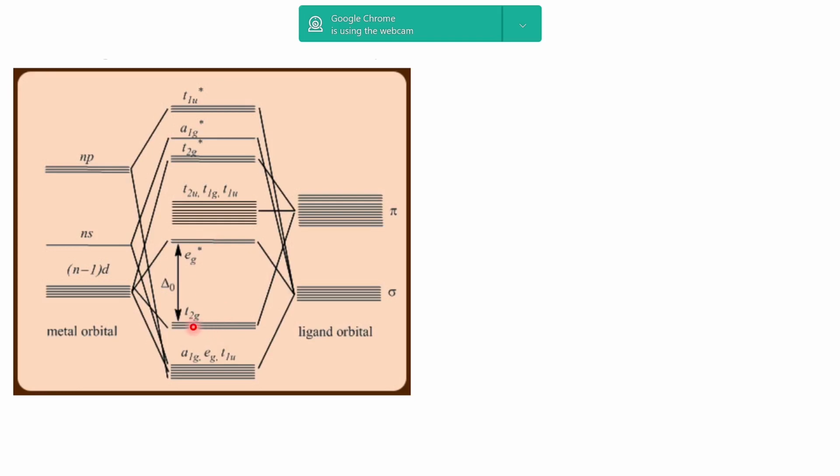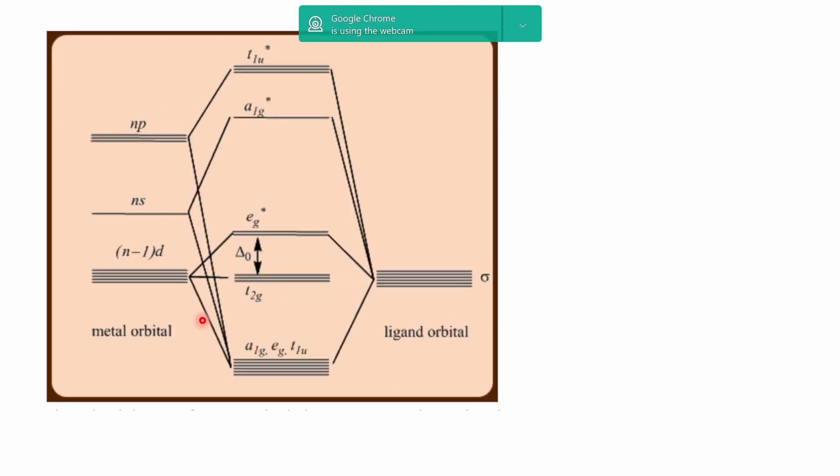But still here also, it is weakly, this is also non-bonding. Whenever this field strength is increasing, this gap will be increasing, and if Eg star is getting much more antibonding character, it does not like electrons coming in.